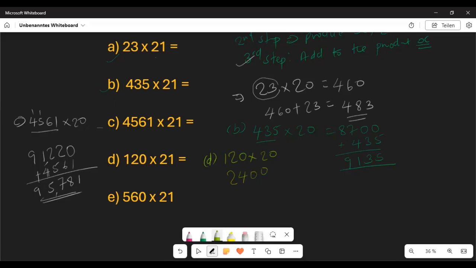And then the next thing we want to do here is just basically add that 120. Easy method that will make your work easier. So then we have 2, we have 5, we have 2. So 2,520 will be our answer in that case. It's just amazing that you can use 21 to multiply any number easily like this.